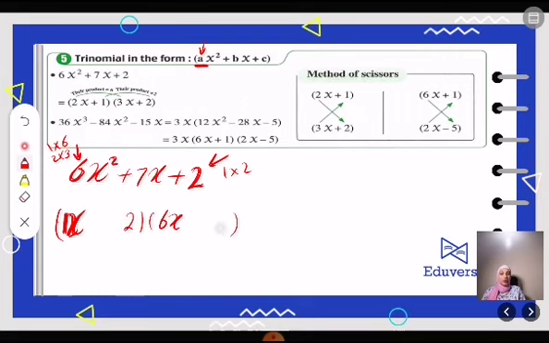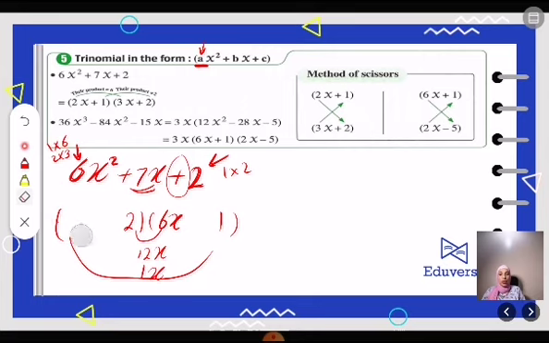And 2 can be 2 multiply 1. I need to know if the middle term will be 7 or not. Their sum should be 7. 1 multiply 1 is only 1x. 2 multiply 6 is 12x. Their sum is not 7. Okay, so we are going to switch them. Switch here means I will put the 1 here and 6x in here.